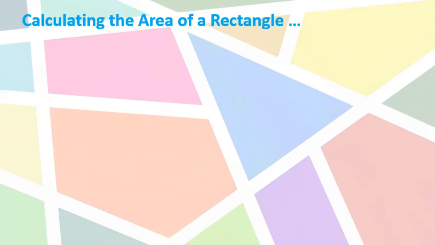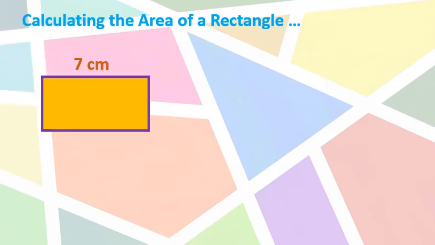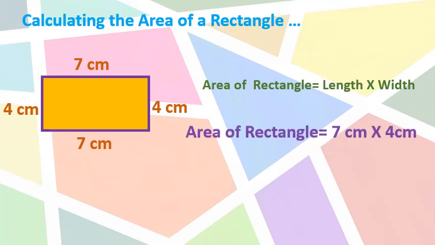Another example in calculating the area of a rectangle. We have this rectangle of length 7 centimeters and of width 4 centimeters. We're starting with the formula. Area of rectangle is length times width. The length is 7 centimeters.